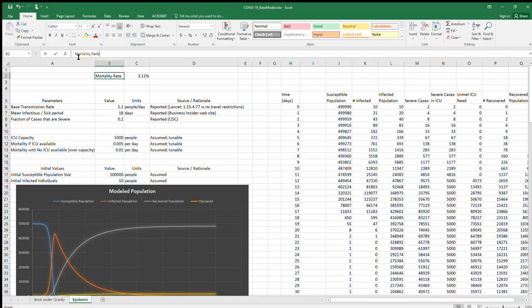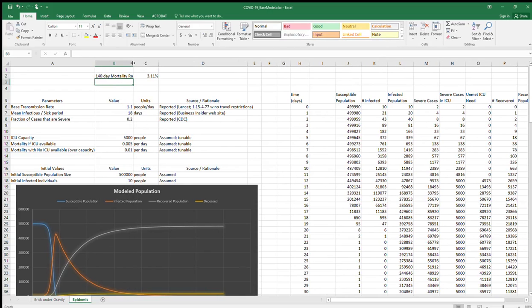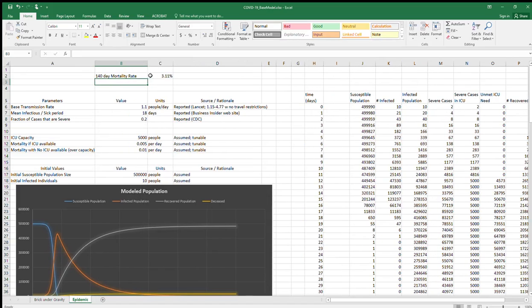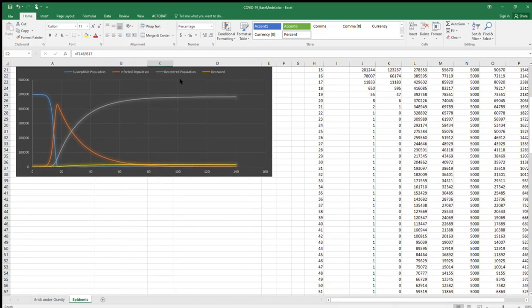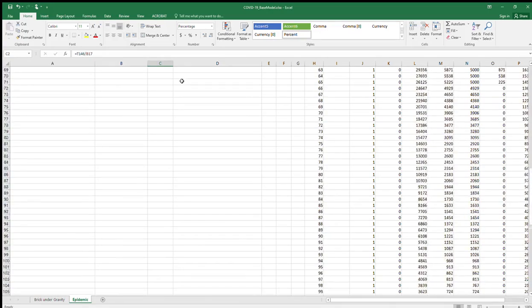And so this is computed from the data at day 140. So at day 140, the value that's in this particular cell, T146, is actually the very last value down here at the bottom.